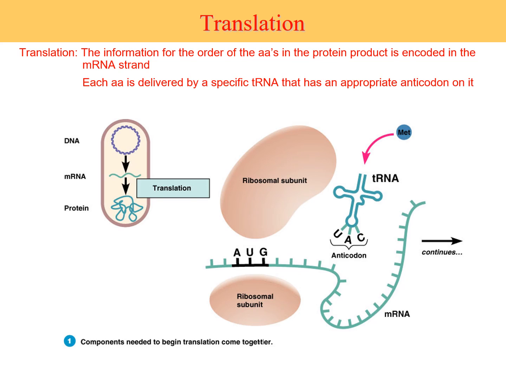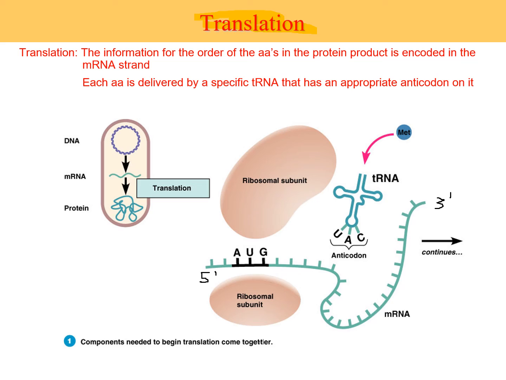Now, when we look a little more carefully at what's happening during the process of translation, what you see is that you have a messenger RNA strand, and remember the translation process will proceed from the 5' end of the message towards the 3' end of the message.